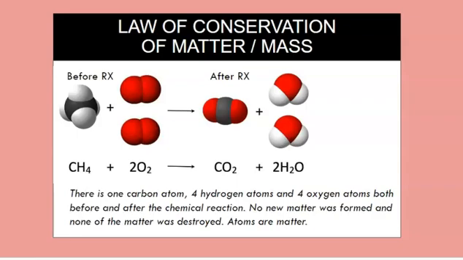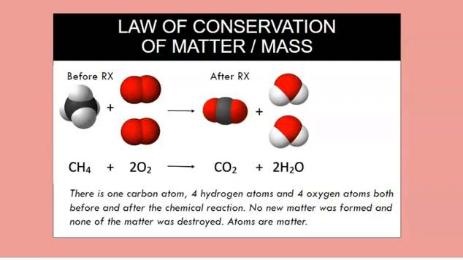In that case, the carbons would be rearranged from CH4 to CO2. The hydrogens would somehow magically have 2 of them disappear or change into oxygen, and the oxygen would magically appear or be created from hydrogen. Notice how that is not okay by the law of conservation of mass.